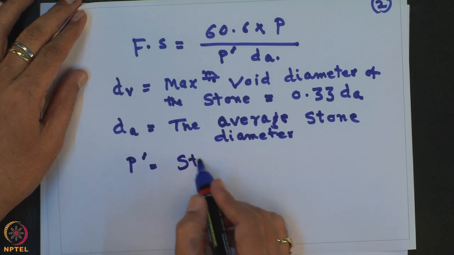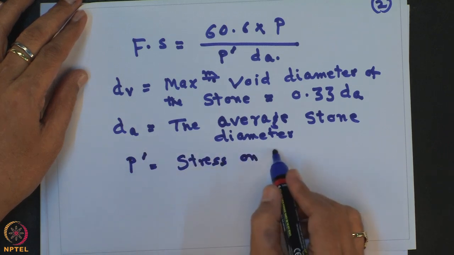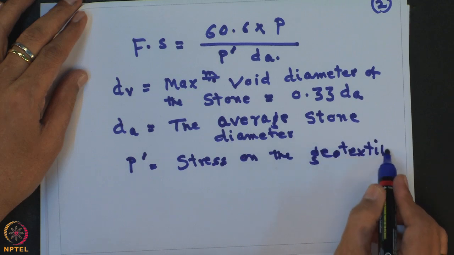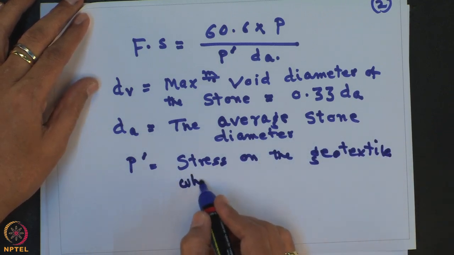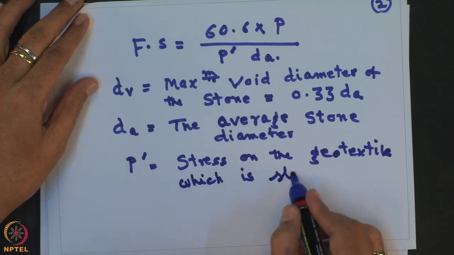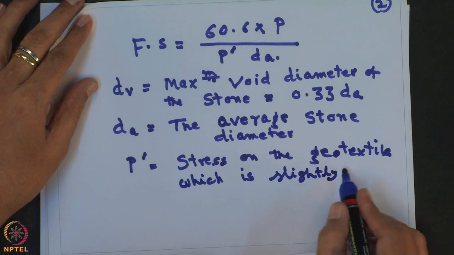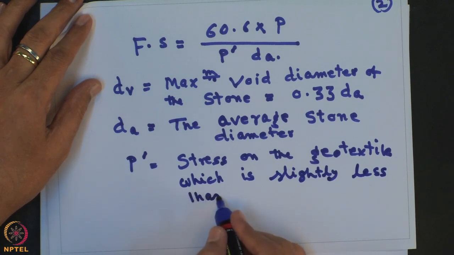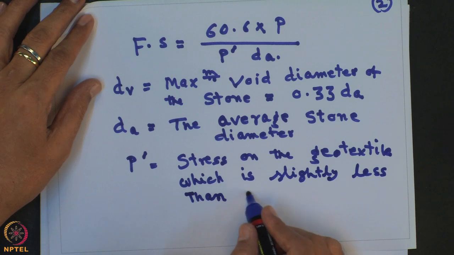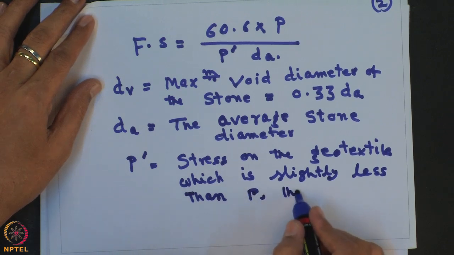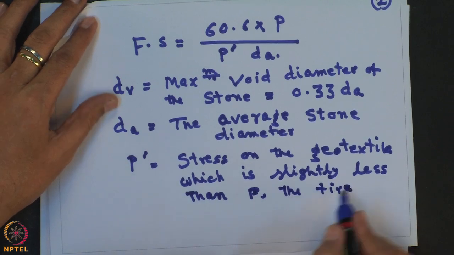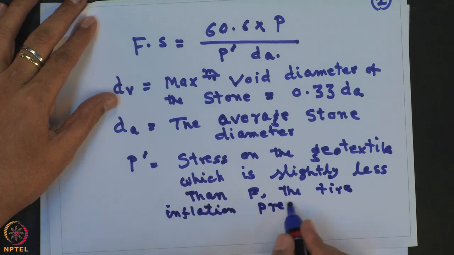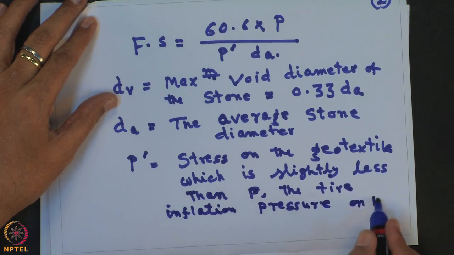And this P dash is stress on the geotextile, which is slightly less than P, that is tire inflation pressure on the ground surface.